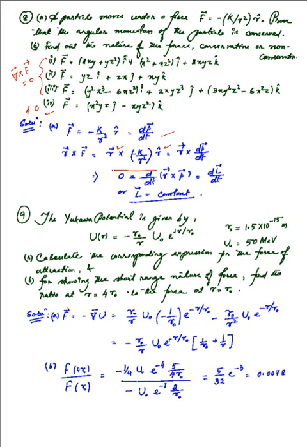So the left hand side is 0, while on the right hand side, r cross p is taken within that derivative, and r cross p is the angular momentum. Now the rate of change of angular momentum being equal to 0, the angular momentum remains constant, or is conserved.